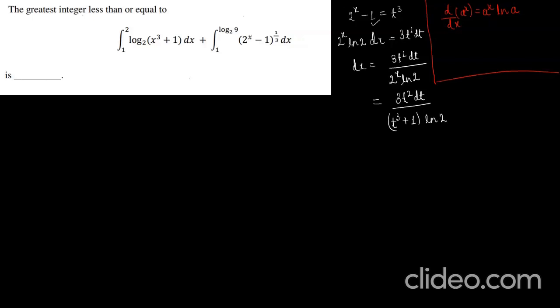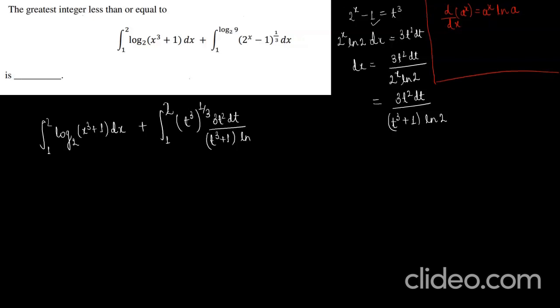Okay, so now moving towards the main expression which we have to solve, log of x cube plus 1 dx to the base 2 plus 1, it became 2, t cube to the power 1 by 3, 3t square dt upon t cube plus 1 ln 2.